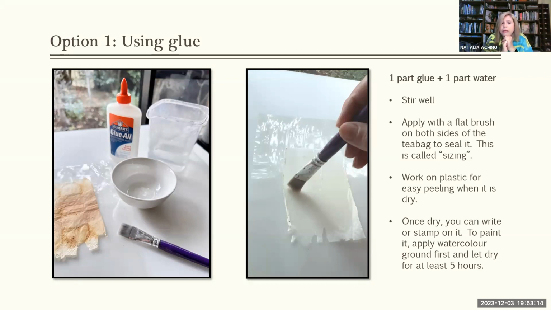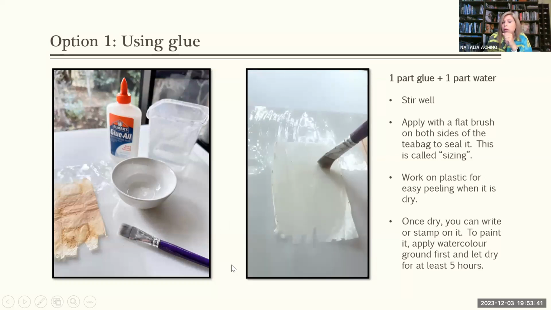The first option that we're going to see is using glue. For using glue, we need 1 part of glue plus 1 part of water. Any glue works. We mix very well, and we apply that on the surface.